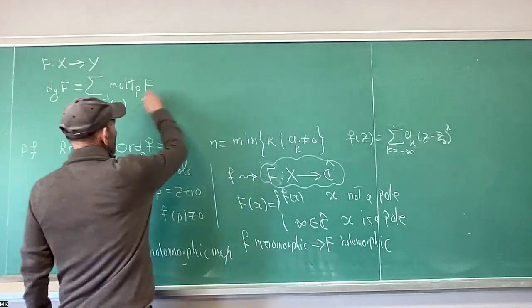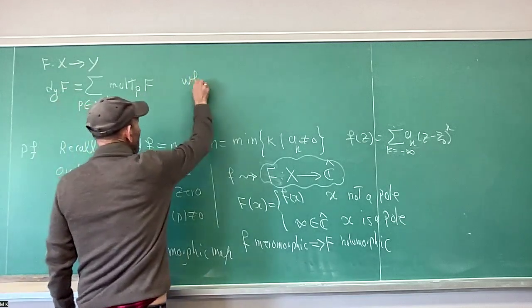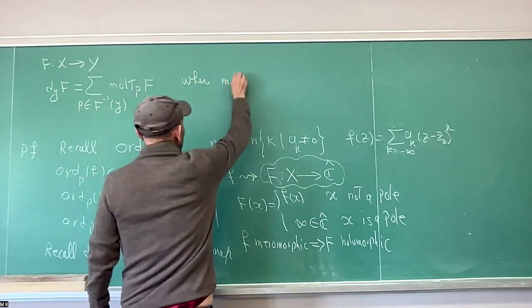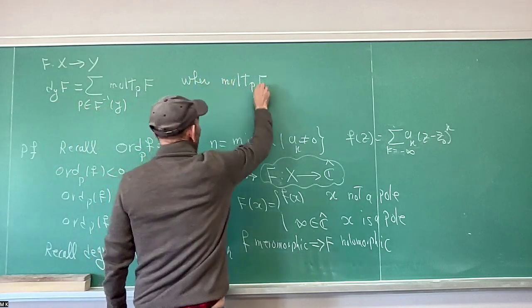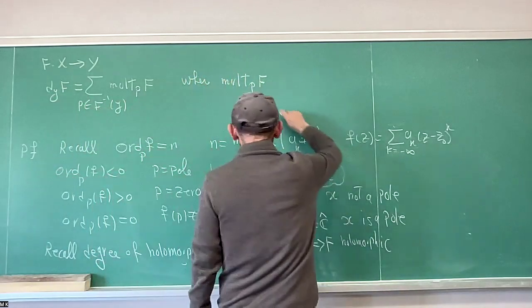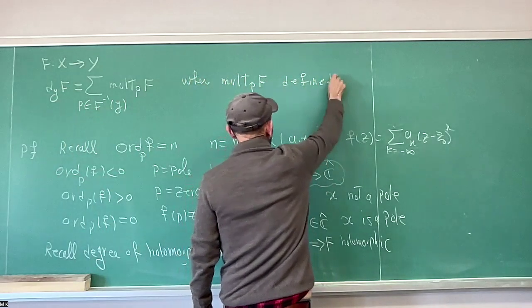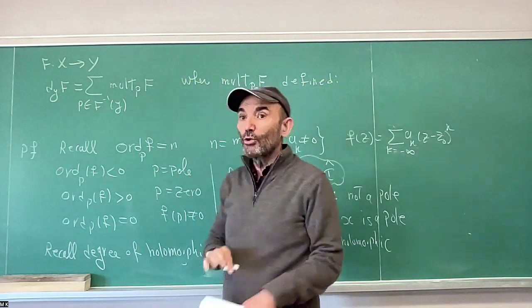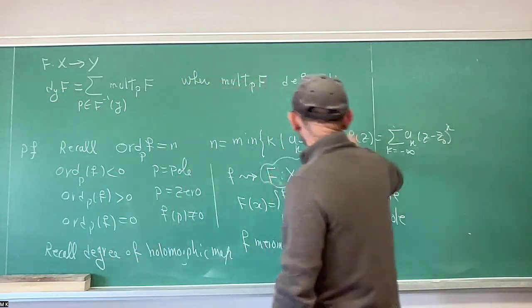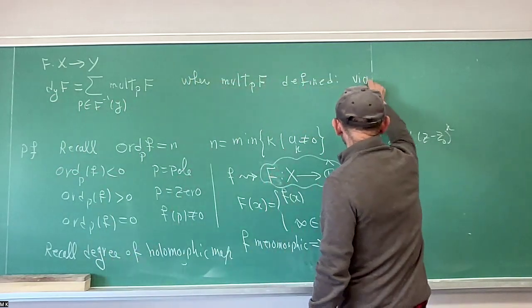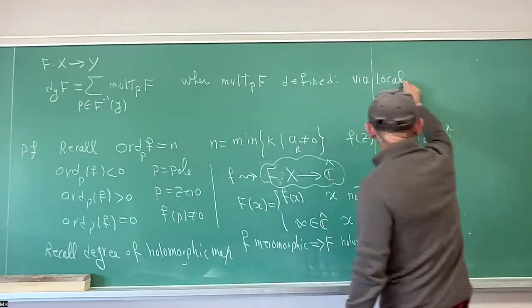Now what is multiplicity? Multiplicity of f is defined via the local normal form.